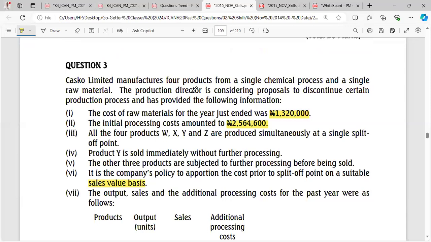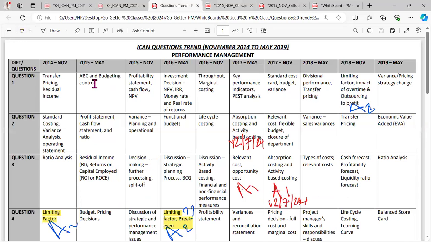In our next class, we have a choice of topics to take. It's possible we could take throughput accounting, which will help us answer a particular question here that computes throughput and marginal costing, this question number 1.